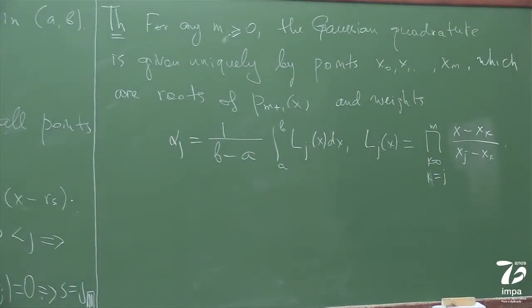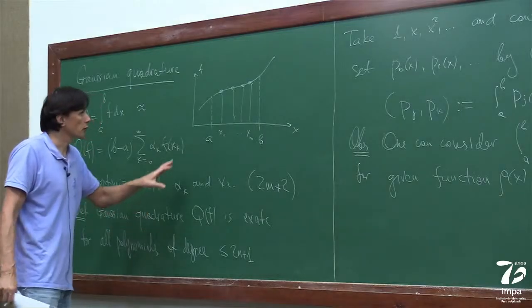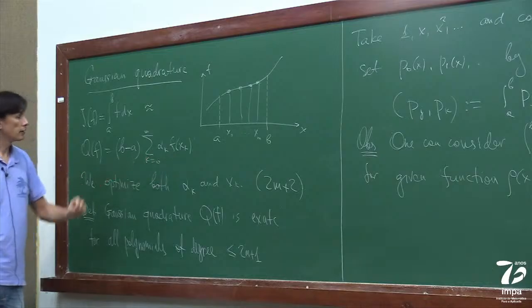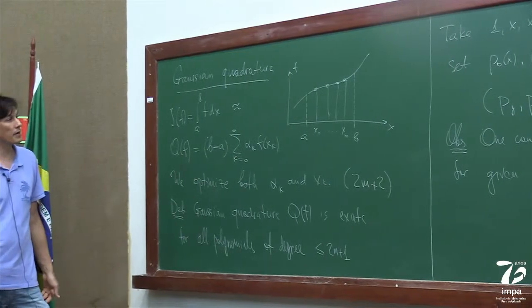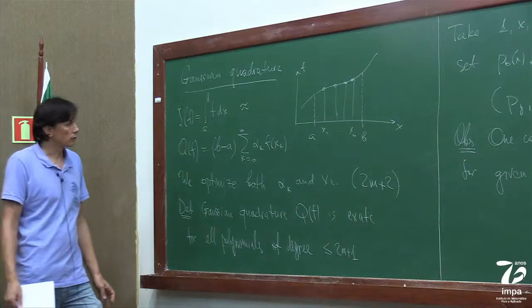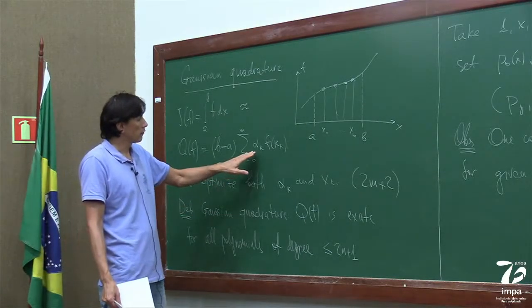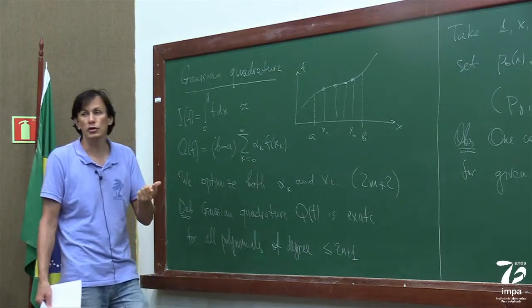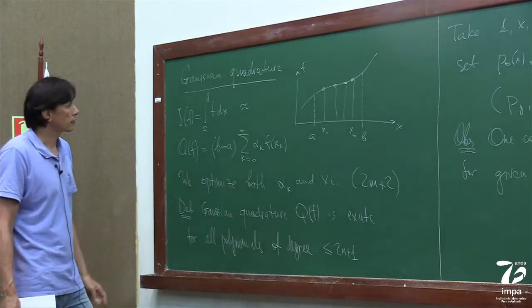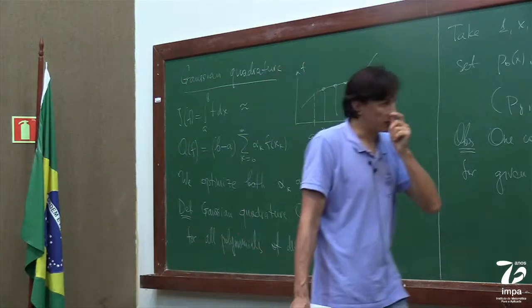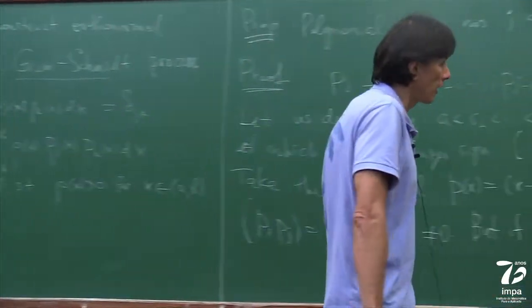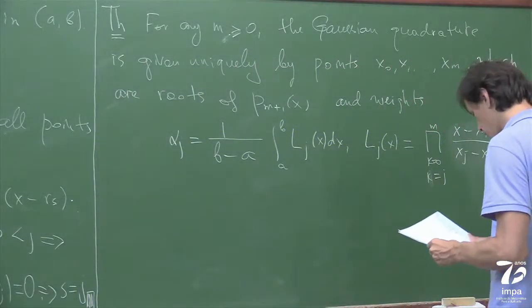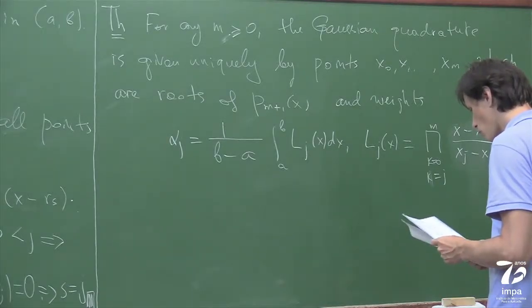It tells that if we want to approximate the integral by these linear combinations, and find the best way to do it by choosing both coefficients and points, there is just one unique way. The points are the roots of P_{m+1}, and the coefficients are the integrals of the Lagrange polynomials L_j.